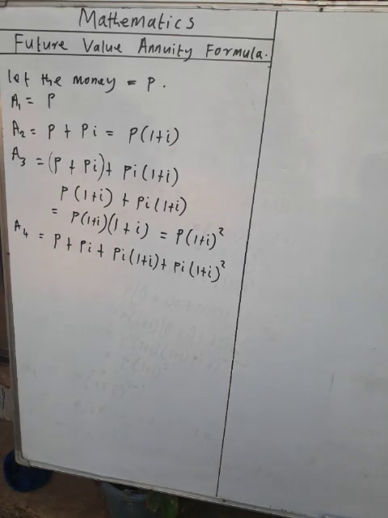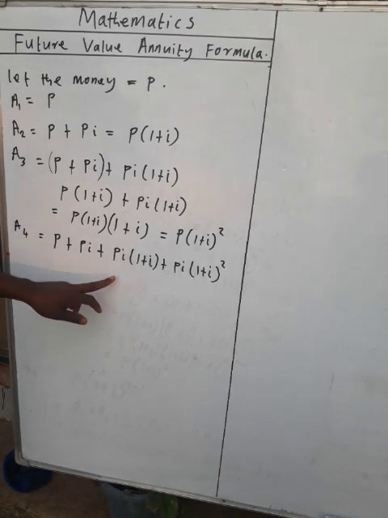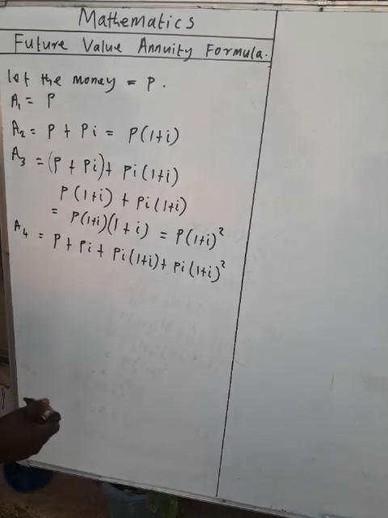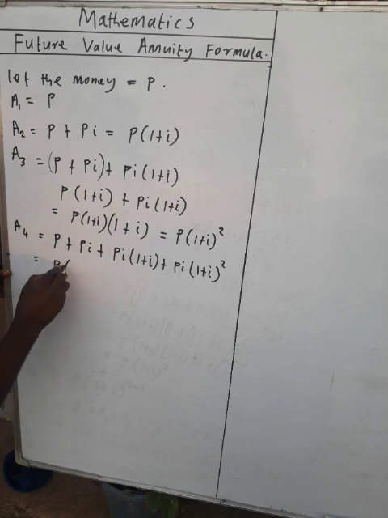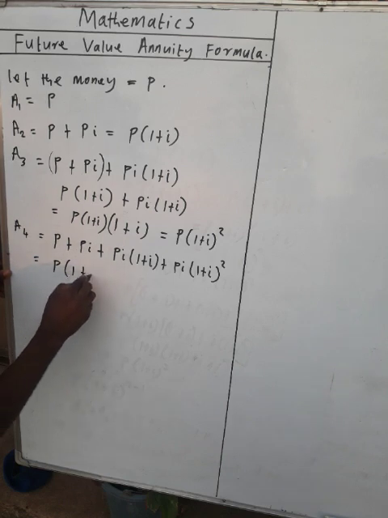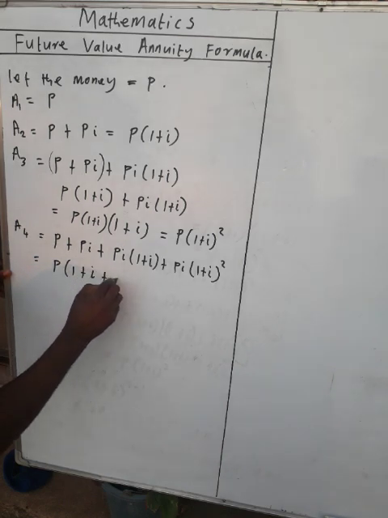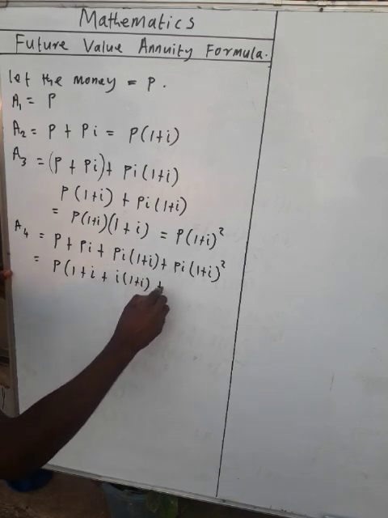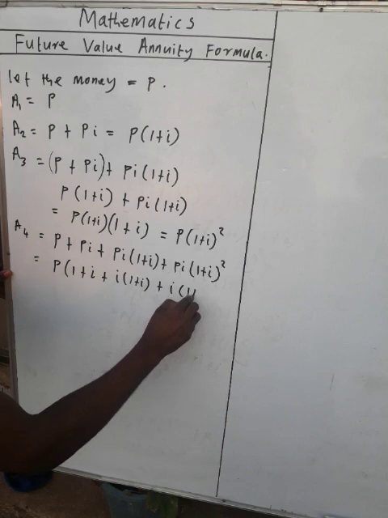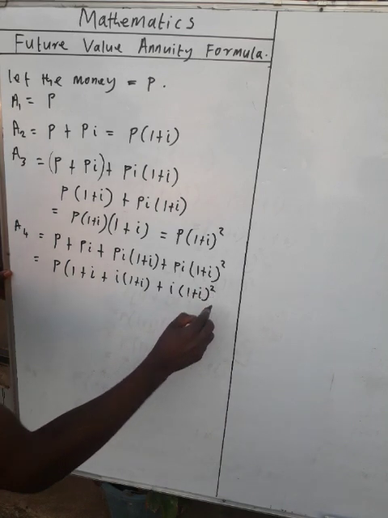So we'll factor out P. P is in all of them. So factor out P. This will give me P bracket, here remains 1 plus here remains I plus here remains I bracket 1 plus I, here remains I bracket 1 plus I square.